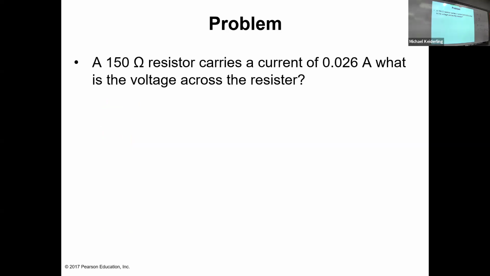A 150 ohm resistor carries a current of 0.026 amps. What is the voltage across that resistor?